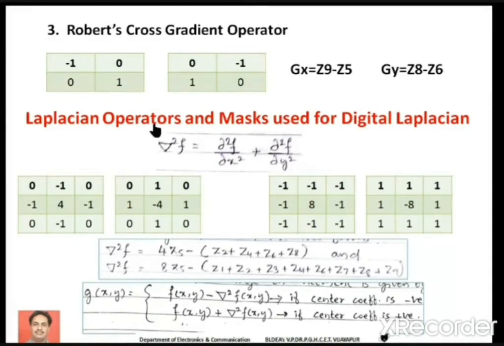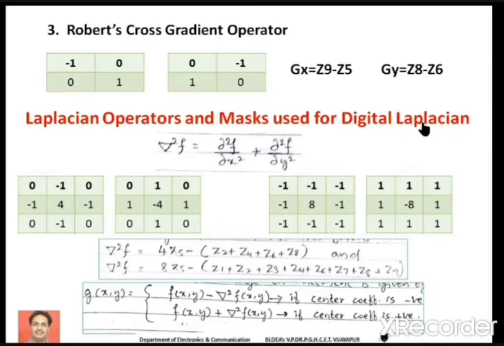This is the mathematical equation we use to compute the Laplacian. However, in image processing, we use these two sets of masks. This is one set, and this is the second set we have to calculate the digital Laplacian.